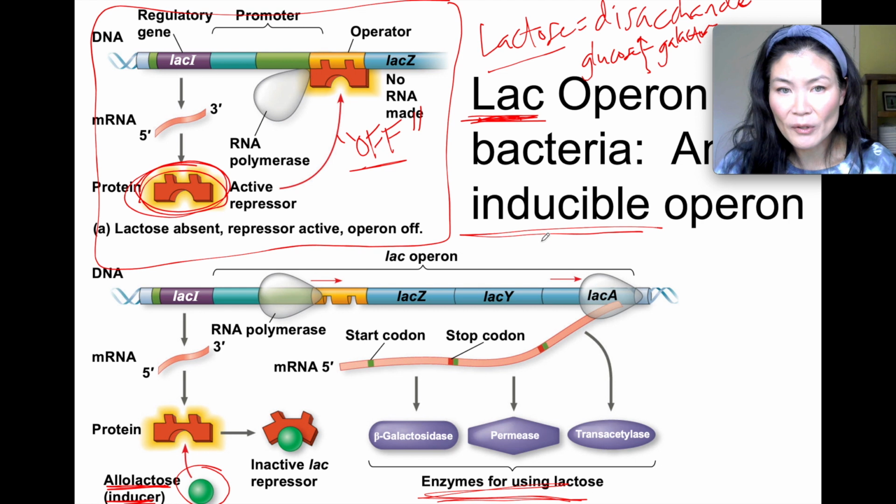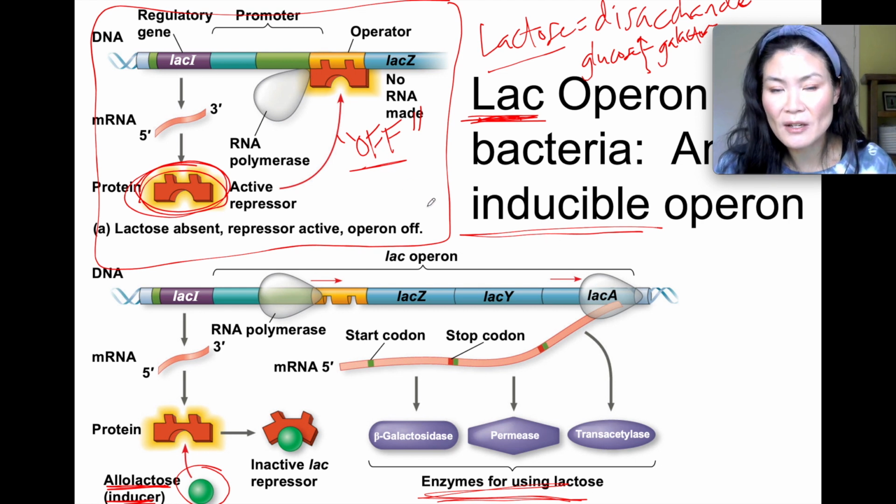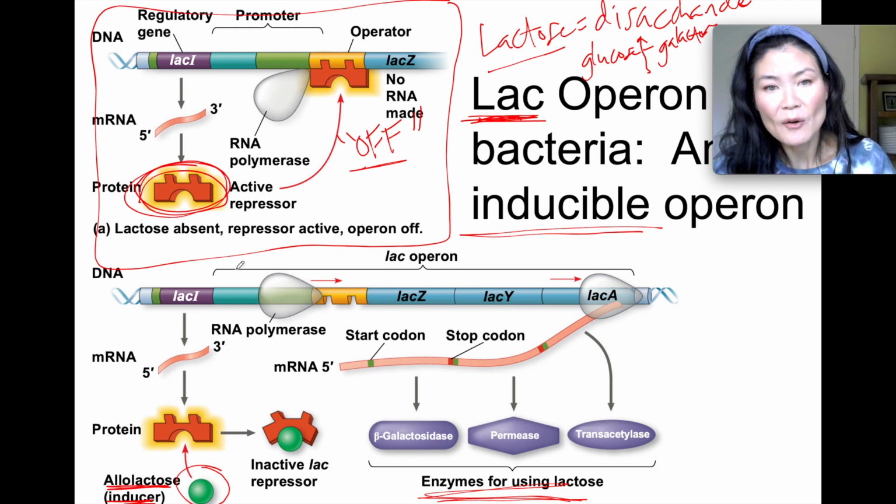Whereas with the lac operon, it's usually off, and then with the presence of allolactose, which is a type of lactose, it's going to bind to the repressor and remove the repressor from the operator. In this diagram, you can see the allolactose bound to the repressor.